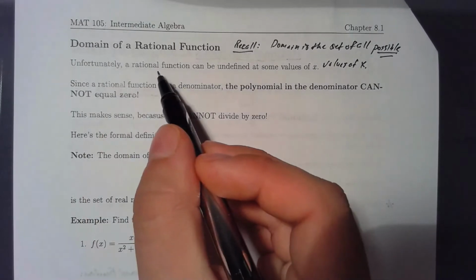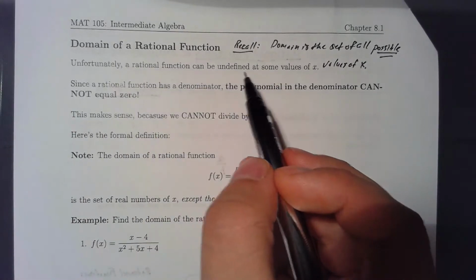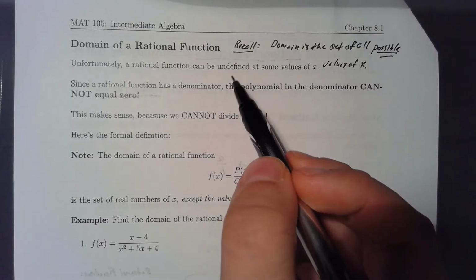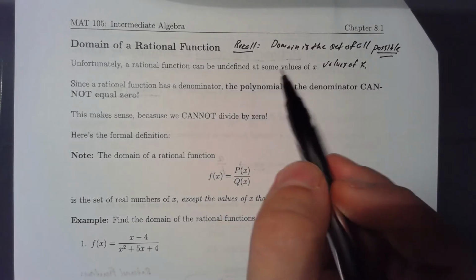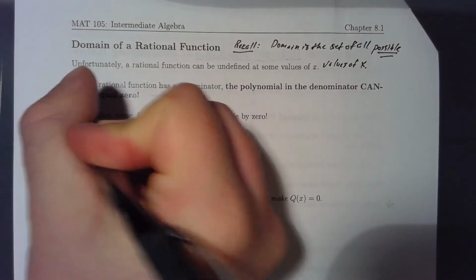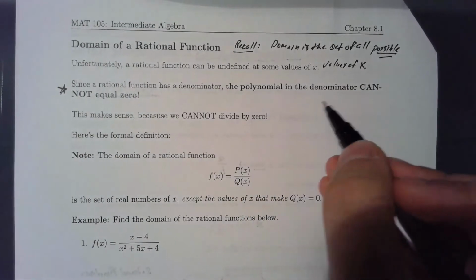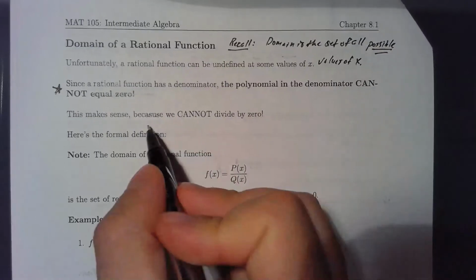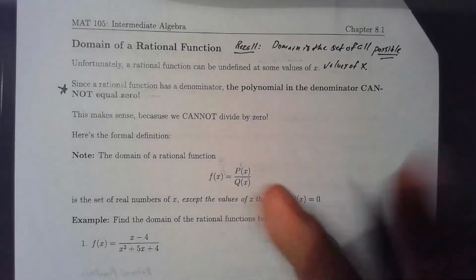Now, when we're dealing with a rational function, there are some values of x that could be undefined. Why is that? Well, you know from basic mathematics you cannot divide by 0, right? I say it down here. We cannot divide by 0, so what does that mean?